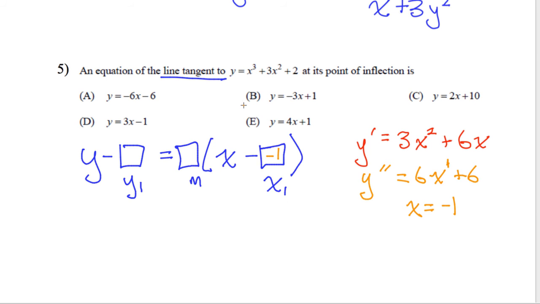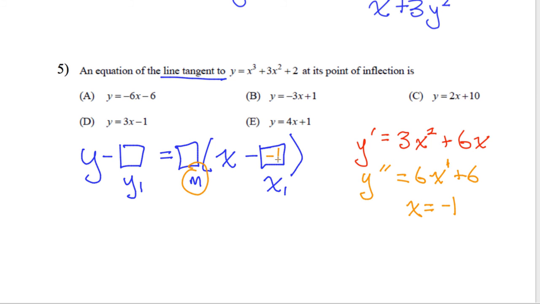So that means I need to plug in this x-coordinate into my y prime, because I need to figure out this m. It really doesn't matter what my x is, because what's going to really affect things is the slope. One of these has the correct slope, the others have incorrect slopes. All we care about is the slope for this one. You can see that all of them have different slopes. Normally I could plug in a number and I could find the y-intercept, but it's saying don't even worry about the y-intercept, you just need to find the slope.